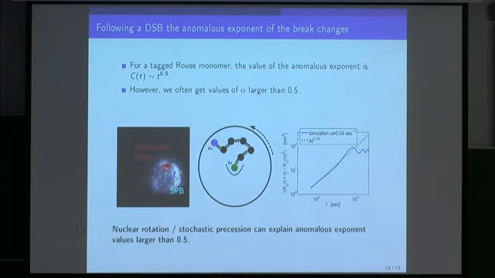So this suggests that possibly nuclear rotation or precession changes what we see here. This is one possible artifact of the observation. So we performed a Brownian simulation where you have one end of the chain fixed at the origin, and we looked at the other end. We track its position, and we just rotate everything with a certain angular velocity.